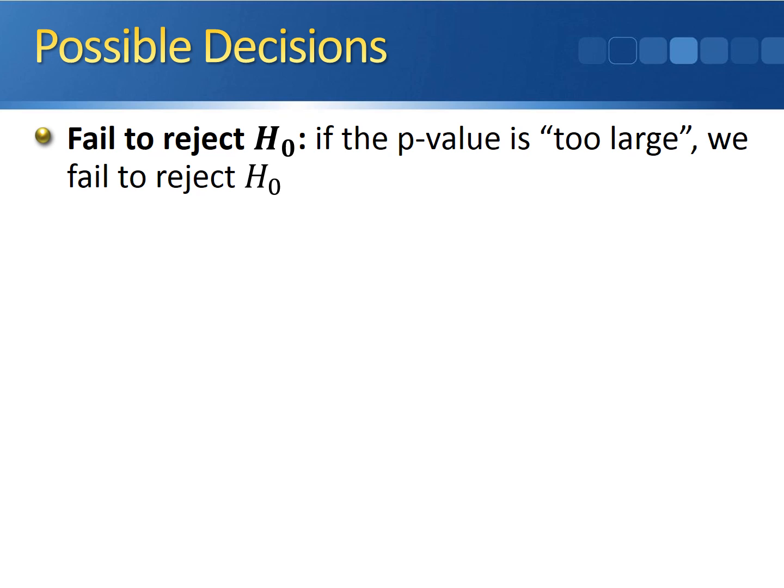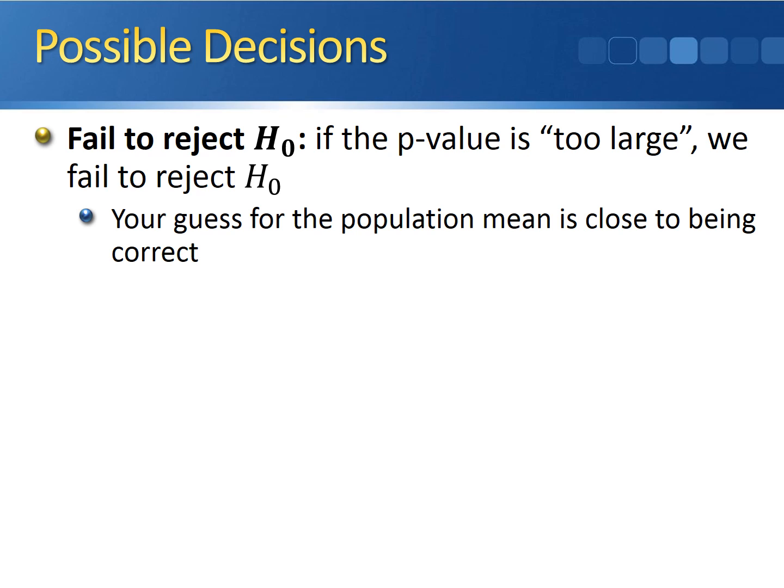The first decision that we can make is to fail to reject the null hypothesis. We'll fail to reject the null hypothesis if the p-value of our test is too large. What this means is that your guess for the population mean is relatively close to being correct. The sample mean might not have been exactly equal to the hypothesized mean, but it's in the neighborhood.